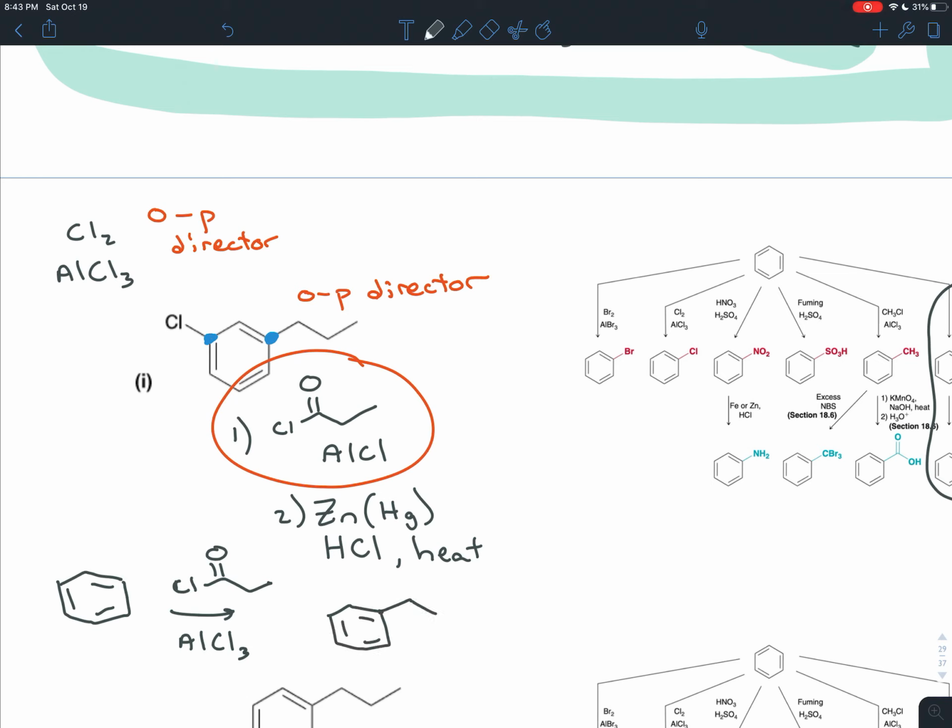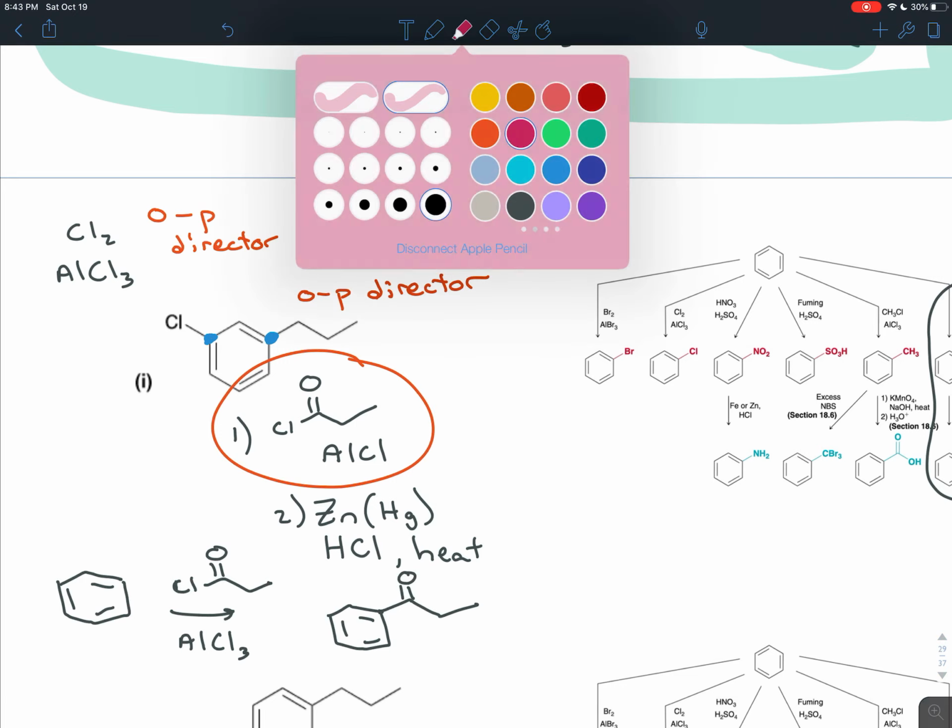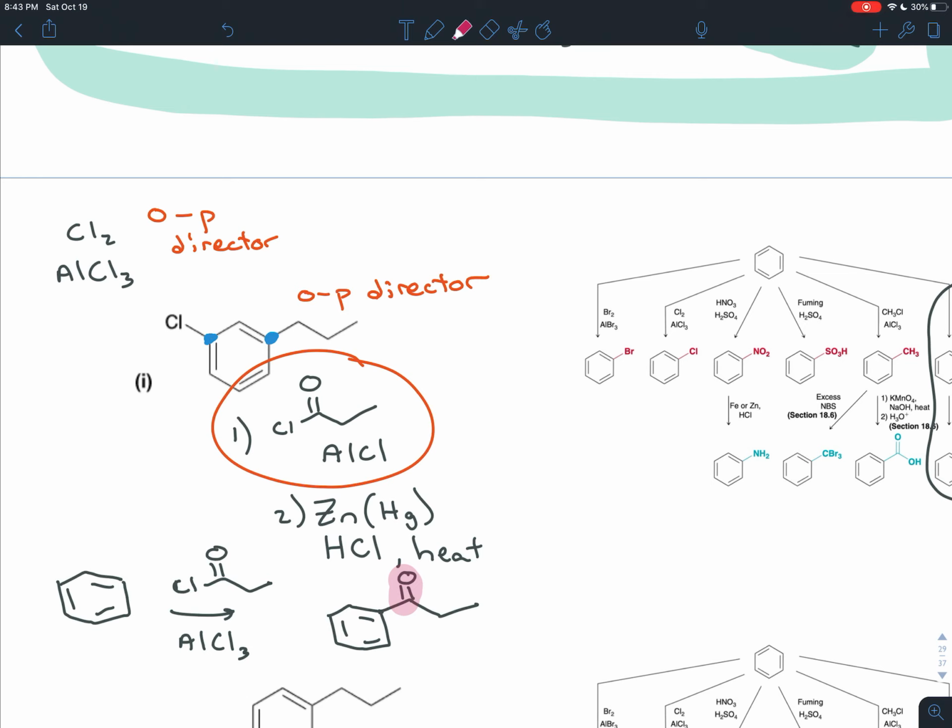And notice what we have now. We have a pi bond on the benzylic position to an electronegative atom. It's conjugated with the ring. That is a moderate deactivator and a meta director.